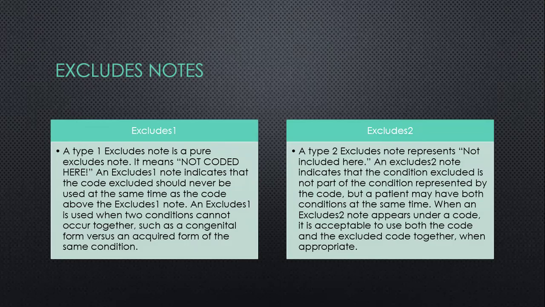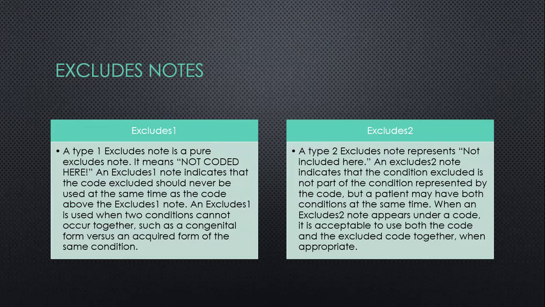So now let's talk about our Excludes1 and our Excludes2 notes. This is something that seems to trip up coders occasionally: when is it appropriate to use Excludes1 versus Excludes2.